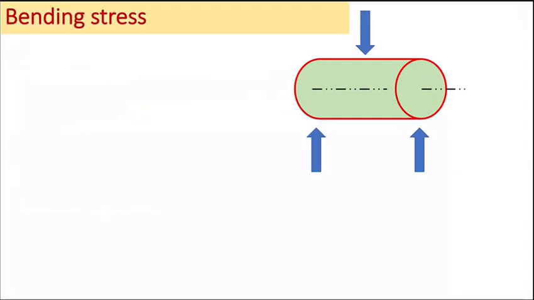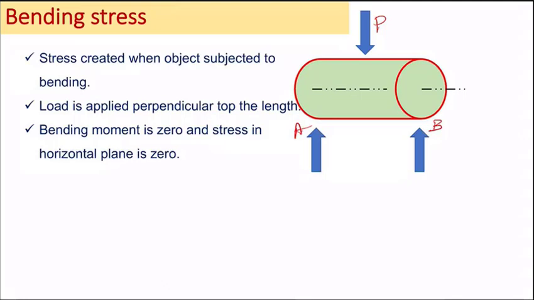Next, bending stress. See, a rod is there and it is supported at the two ends A and B, and load is applied here. Due to this application of load, it will try to bend. Stress is created when the object is subjected to bending. Load is applied perpendicular to the length.